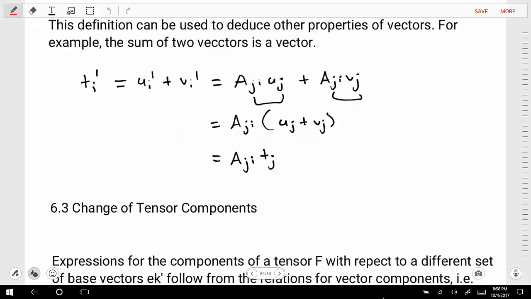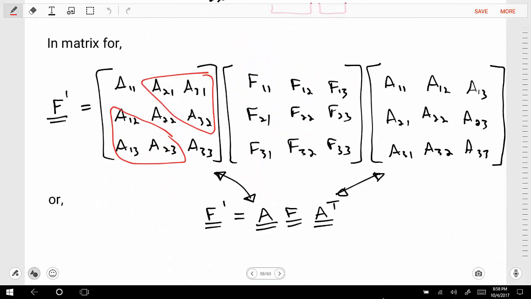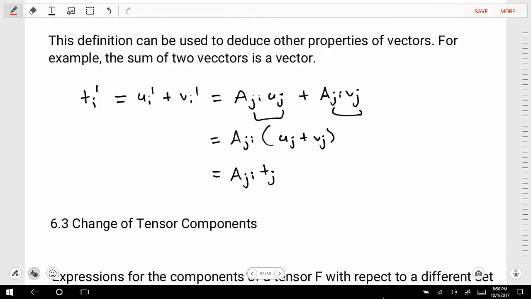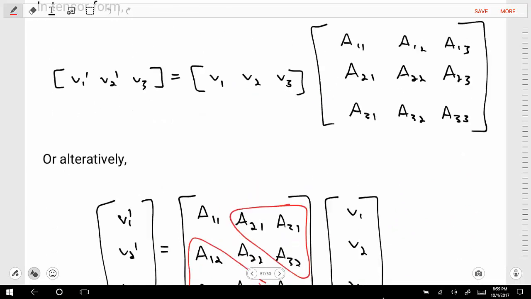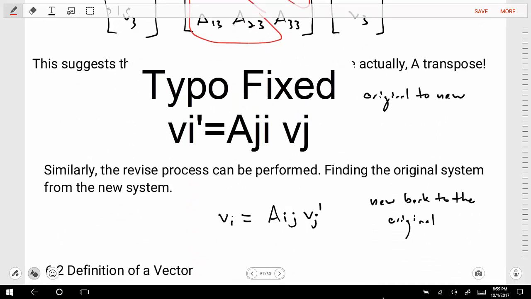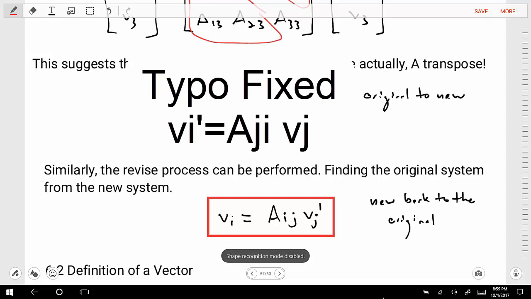And if we know this equation and this equation here, then we can use those two equations and transform tensors very easily, backwards and forwards through their coordinate system. Similarly, for our vectors, if we go back to our vector form here, we can transform vectors using these two equations from the original to the new, and vice versa.